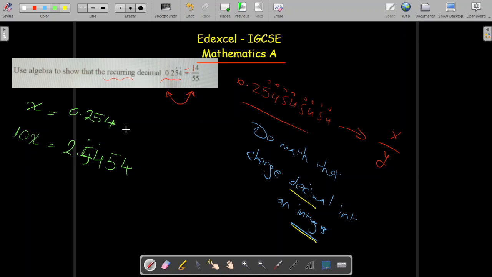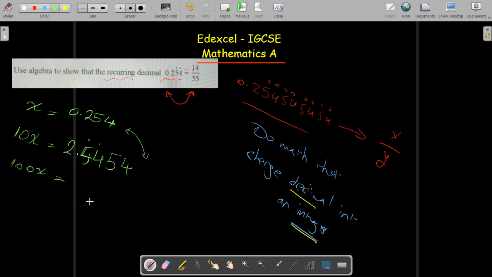Until this point, when I look at these two decimals, it doesn't look like they can help me find a way to turn it into an integer. So I'm going to continue looking for multiples of 10.